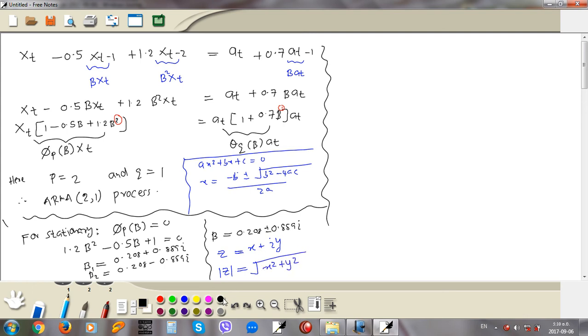By using that we can find the absolute value of B. It is the square root of 0.208 squared plus 0.889 squared. If you find the modulus of this, the answer comes as 0.913, which is less than 1.